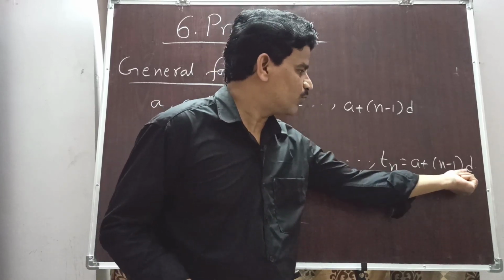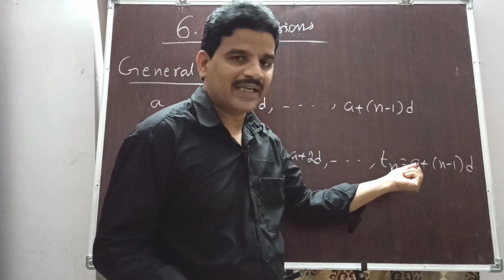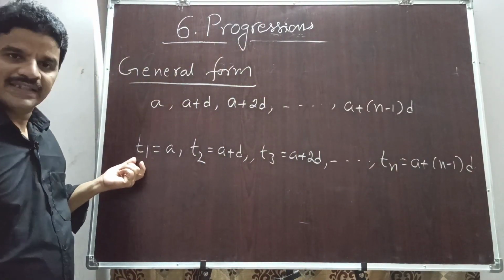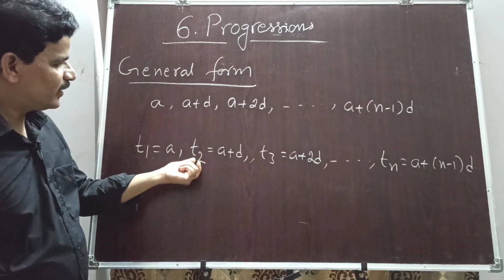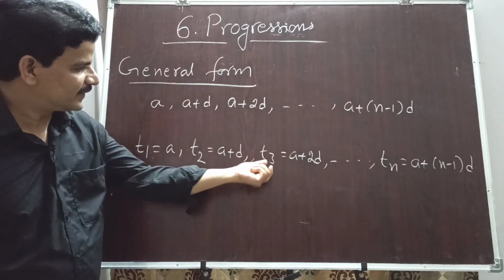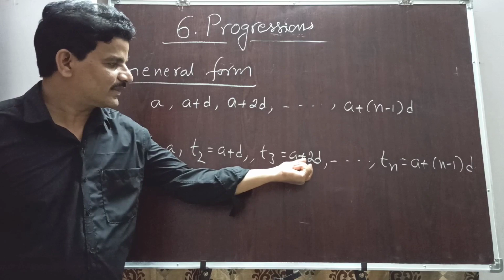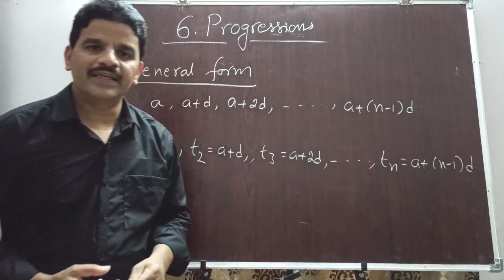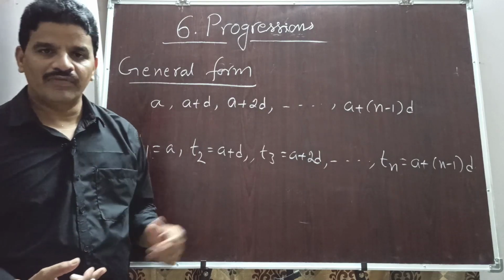So t1 is called first term, t2 is called second term a plus d, t3 is called third term a plus 2d and so on. Nth term or general term is tn is equal to a plus n minus 1 into d.